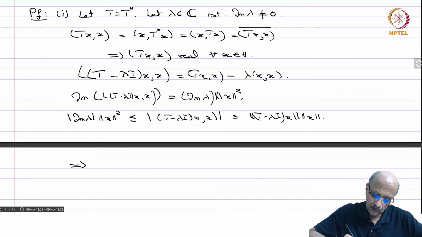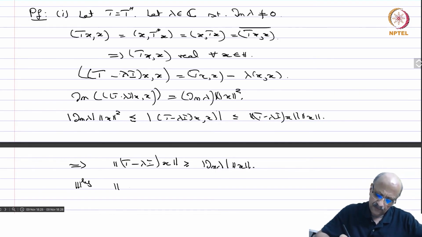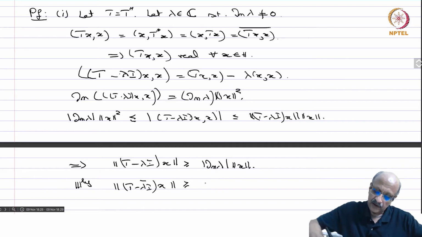Therefore, norm of (T − λI)x is greater than or equal to mod imaginary part of lambda times norm x. Okay. Similarly, we have norm of (T − λ̄I)x is also greater or equal to mod of imaginary part of lambda times norm x.